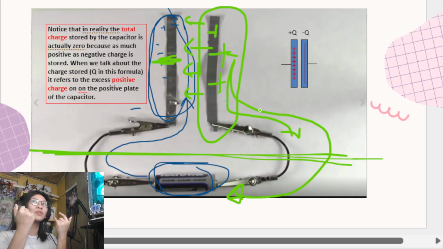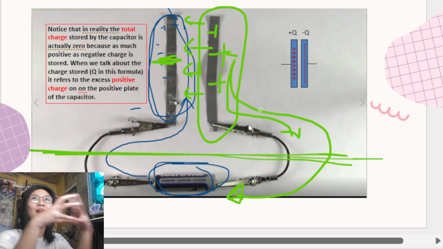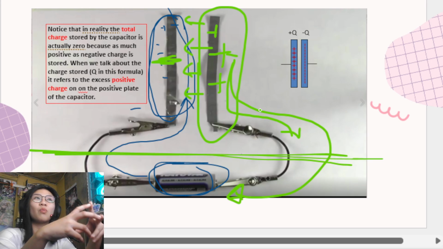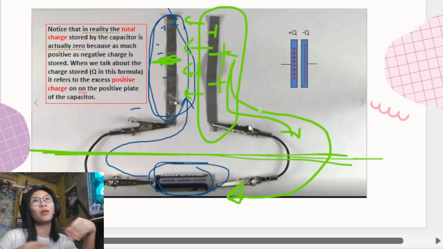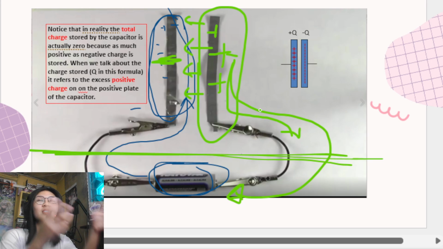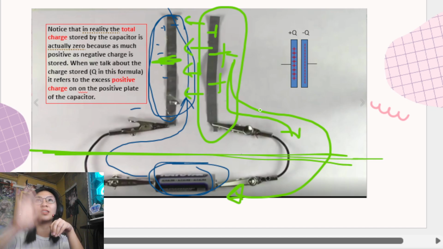Therefore, pag wala na source, they still have those charges. So once need na nimo og energy, si capacitor makahatag siya og negative charge, thus providing a quick flow of energy to whatever device needs the energy.